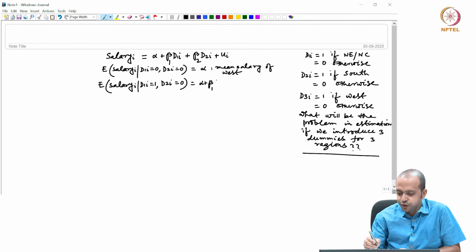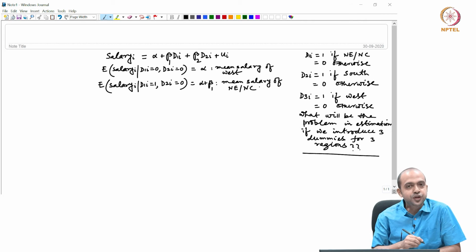And what would be the interpretation of alpha plus beta 1 then? Alpha plus beta 1 will indicate mean salary of northeast or north central, mean salary of teachers coming from northeast or north central.